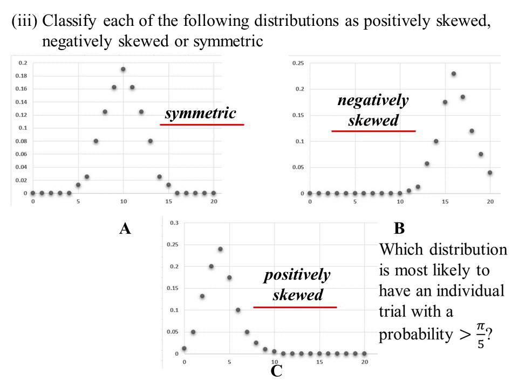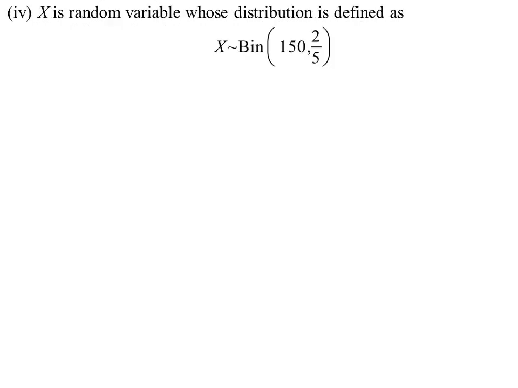But it is bigger than 2.5. So we know the probability here is greater than a half. Therefore, it's the negatively skewed, because if it's greater than a half, it's going to be pushed to the right-hand side. Because less than a half's on the left-hand side, greater than a half on the right-hand side. So it's negatively skewed.